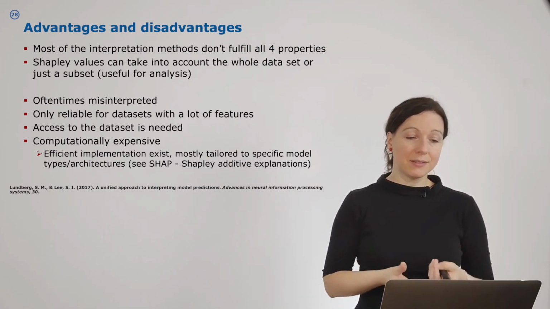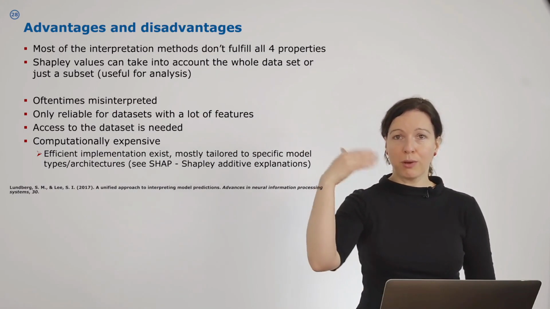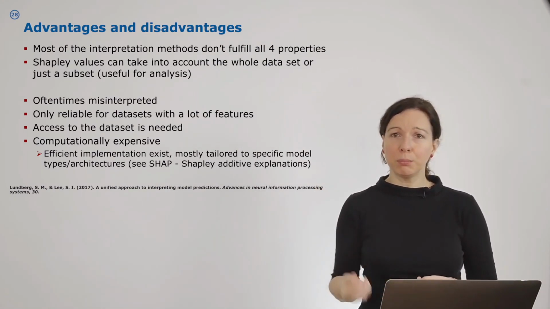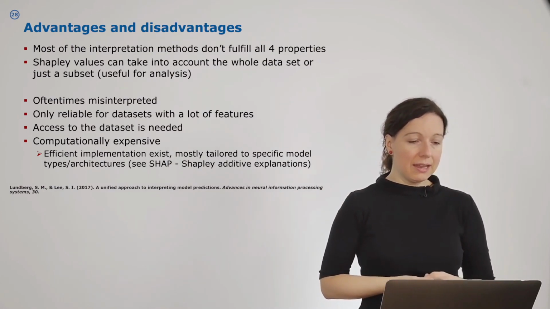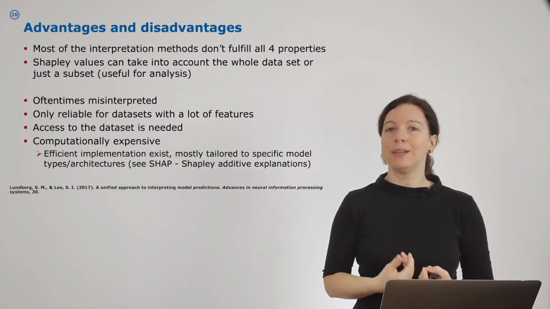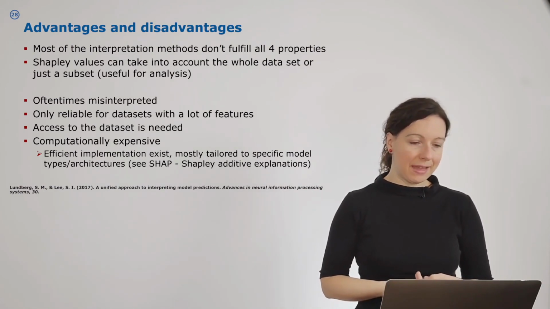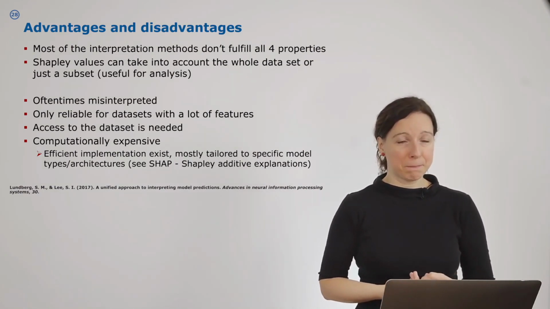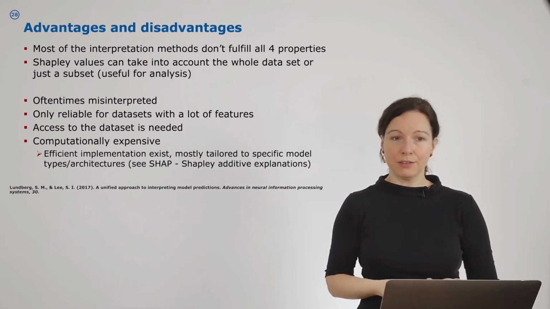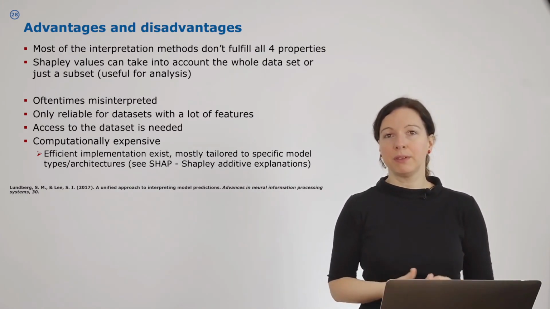Then you need access to the data set because you need to randomly sample, for example, from typical values. I say it because this is not always the case, and it is computationally expensive. There are efficient implementations, mostly tailored to specific types or specific architectures.